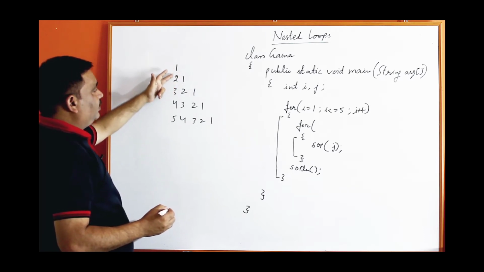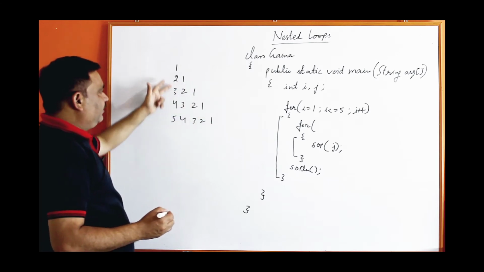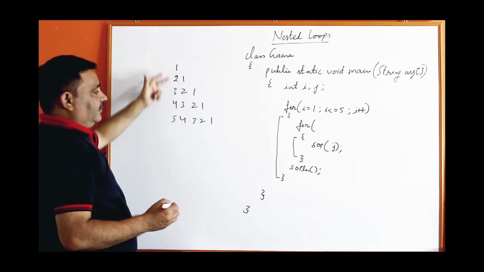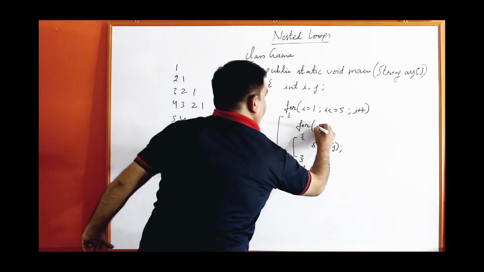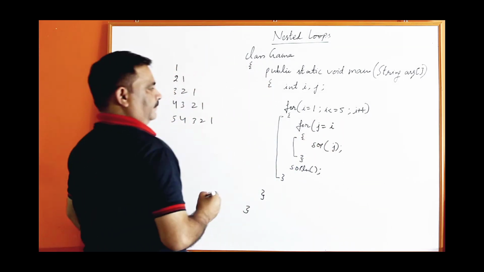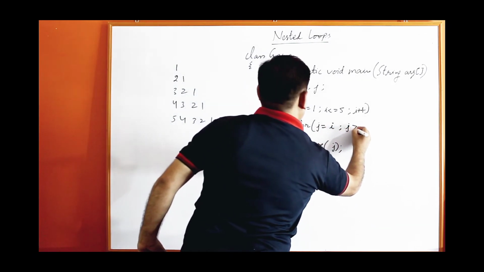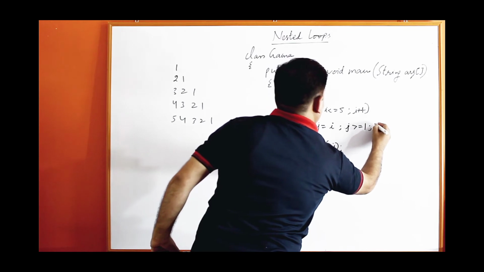It means the inner loop's starting value is changing but the ending is constant. So the starting value is changing, and in place of 1 we just put I, and j is greater than or equal to 1, j minus minus.